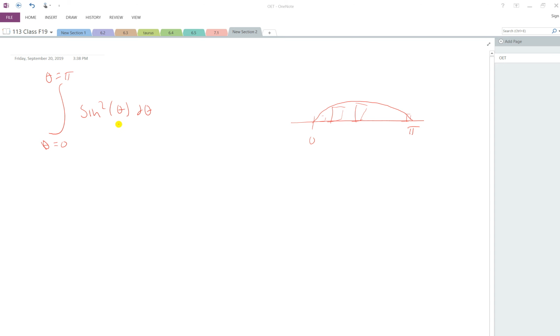I know some of you know one way using a trigonometric identity, but we haven't got to that yet in our class. But there is another way, and it teaches an important technique in solving some of these problems having to do with identities. So we're going to do this in terms of parts.